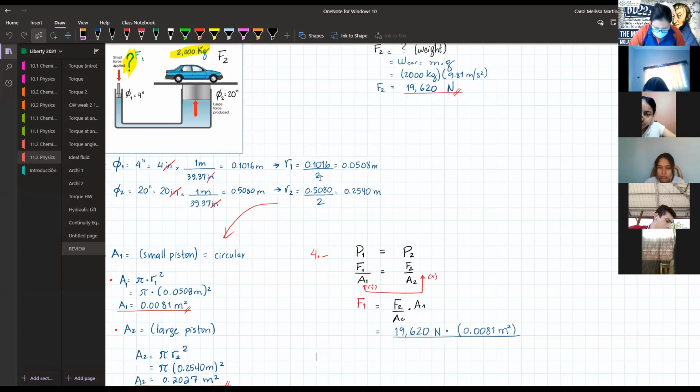All this divided by the area 2, that is 0.2027 square meters. You cancel the square meters with the square meters, and the force 1 is going to be equal to, and we apply the formula, okay?